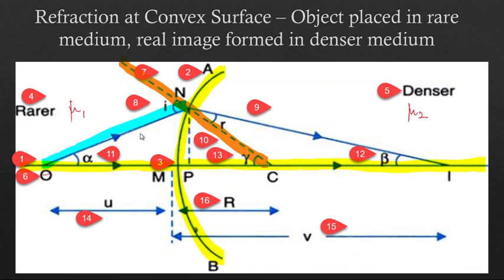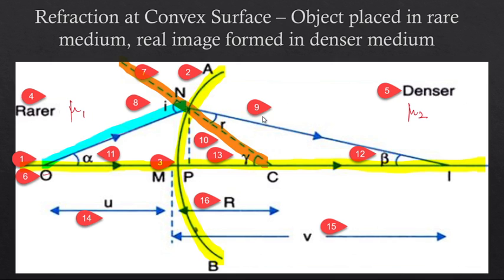The angle between the incident ray and the perpendicular line, which is the normal, is the angle of incidence. So 7 is the normal, and the angle of incidence is 8. It is represented by i here.